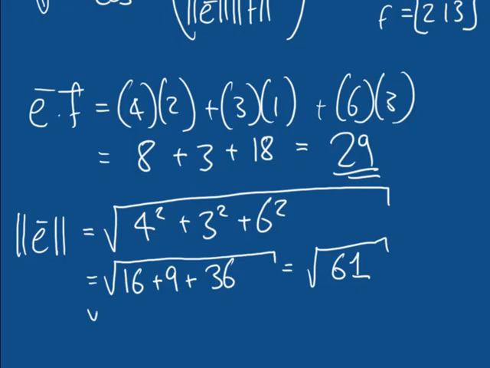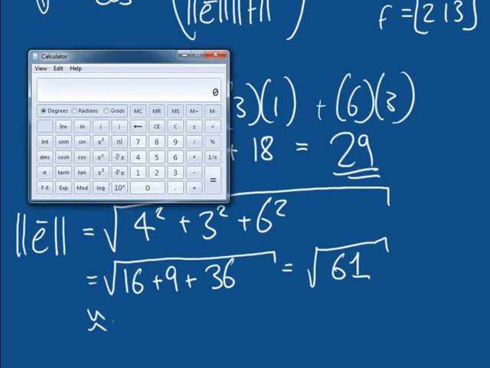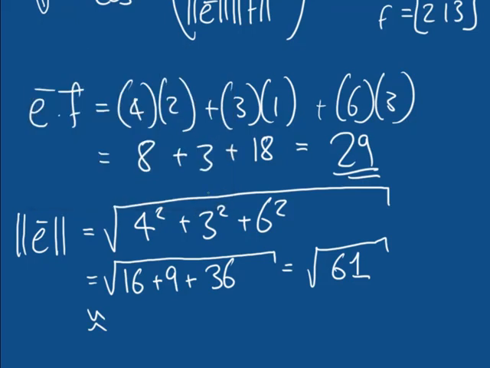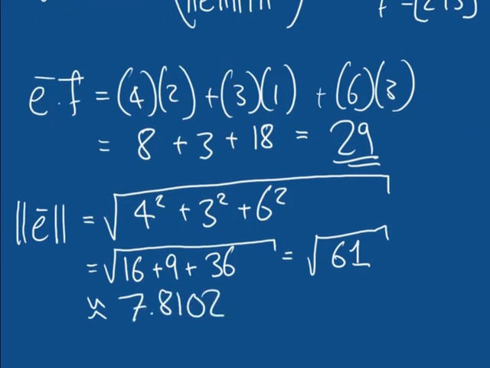If we bring a calculator up, the square root of 61 is approximately equal to 7.8102.